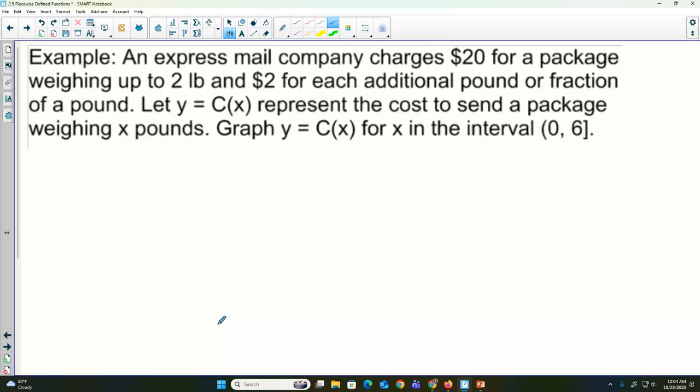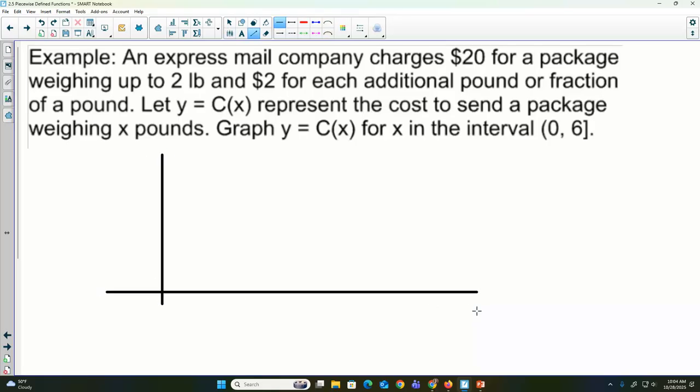Let y equals c of x represent the cost to send a package weighing x pounds. Graph this over the interval 0 to 6. So I am not writing an equation here, I'm just drawing a graph. From 0 to 6. x is my pounds, y is my cost in dollars.